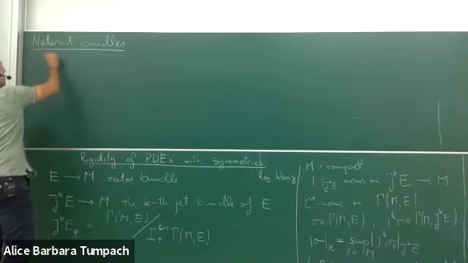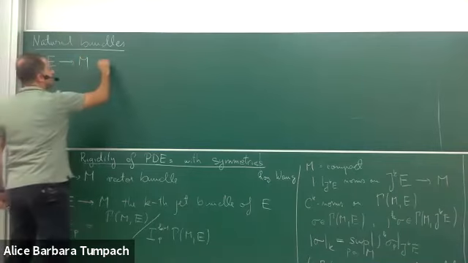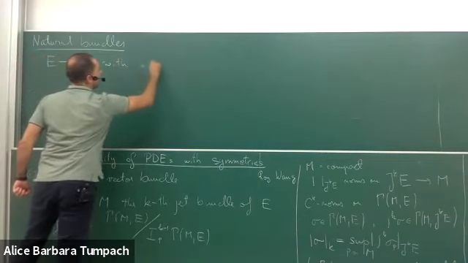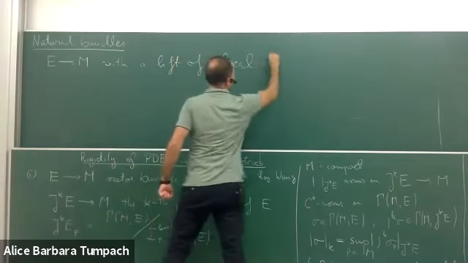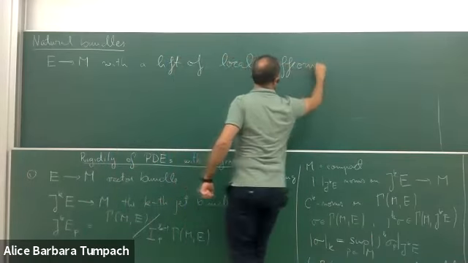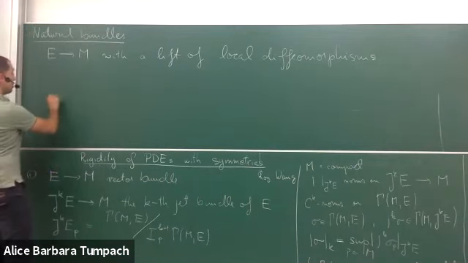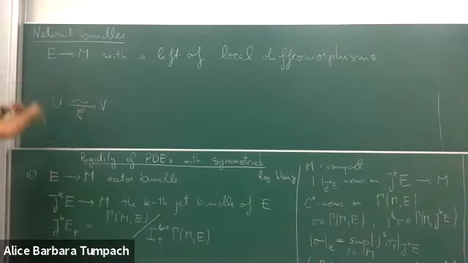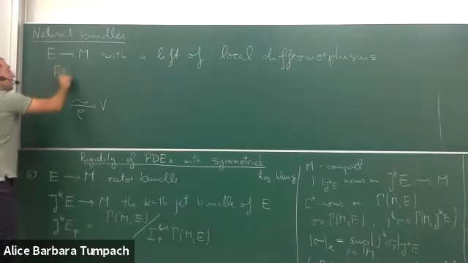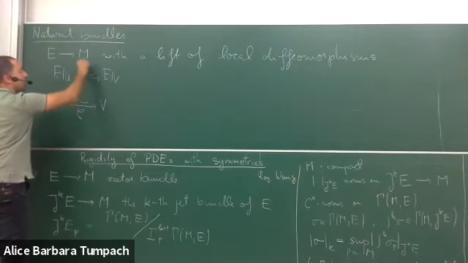So a natural bundle is simply a vector bundle plus a lift of local diffeomorphisms of M. This means that whenever I have two open subsets of M, let's say U and V, and I take a diffeomorphism between U and V, this natural bundle comes with a natural lift, a vector bundle automorphism between the restrictions of E to U and V, which I'll call phi with an atom.